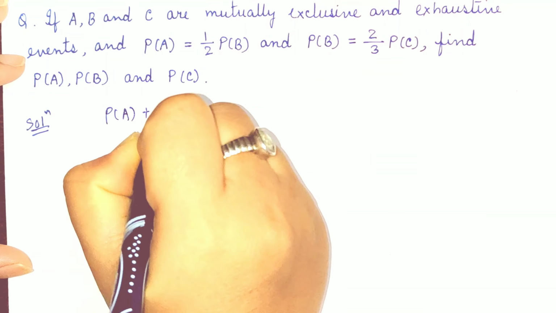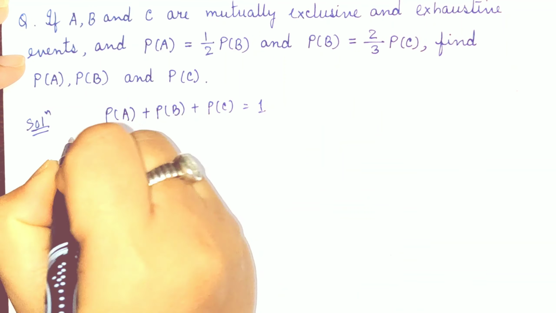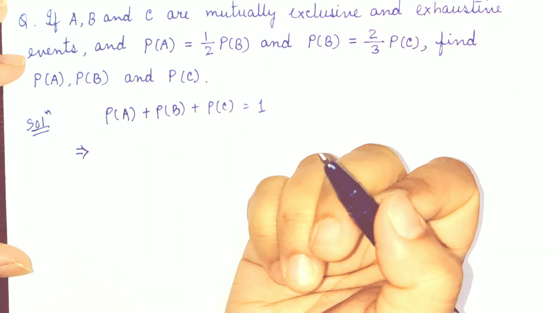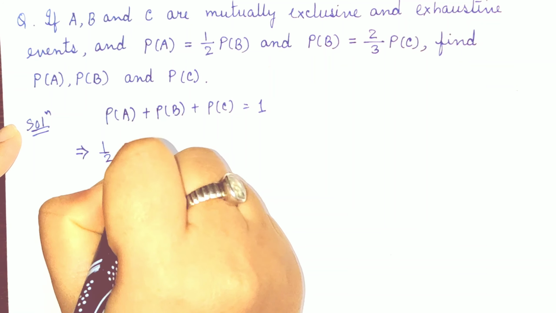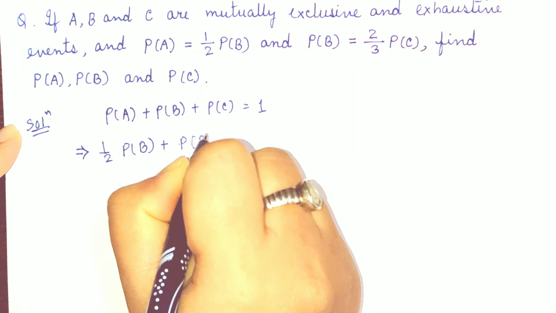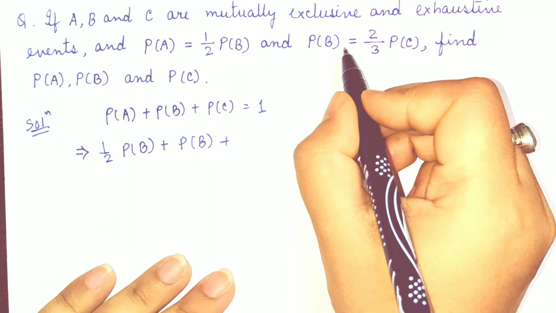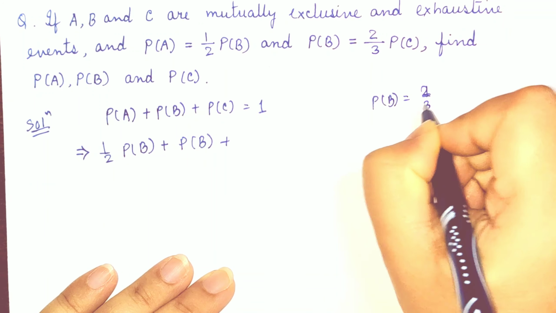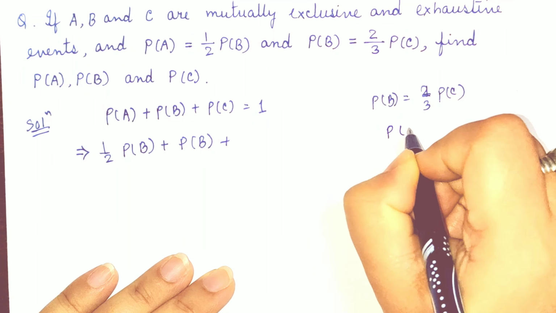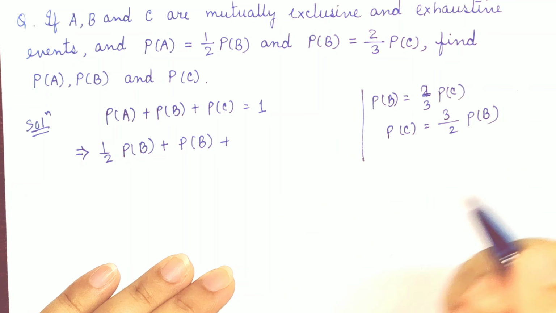Now P(A) value is equal to 1 by 2 P(B). P(C) value can be found from this formula. P(B) is equal to 2 by 3 P(C), so P(C) value is equal to 3 by 2 P(B).